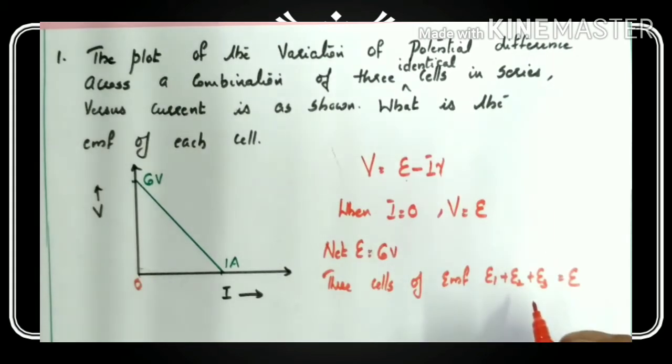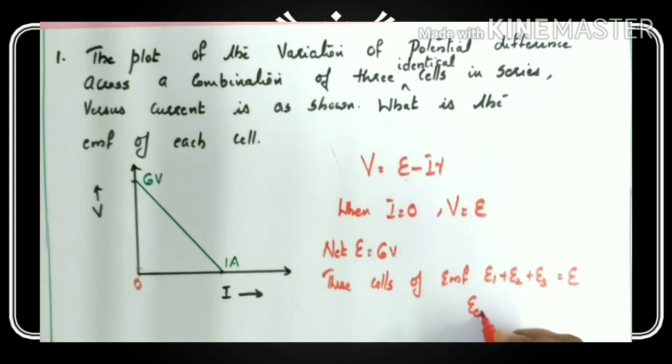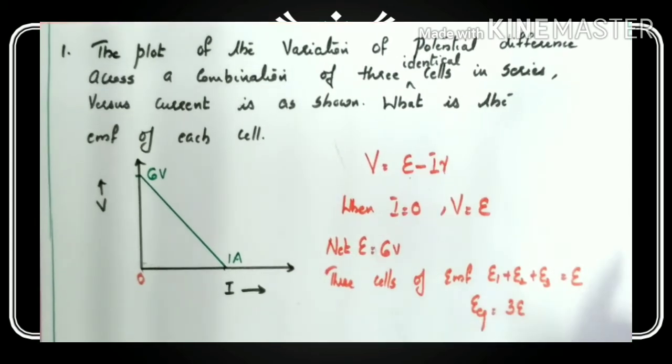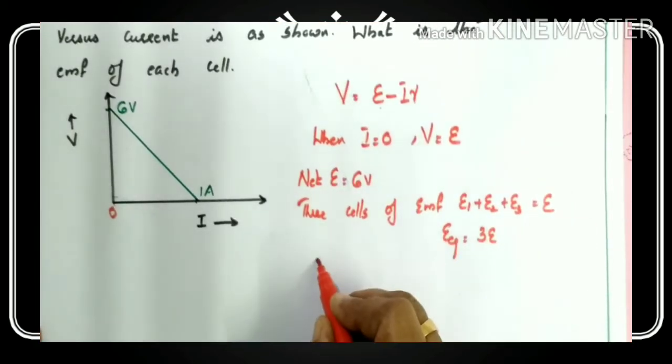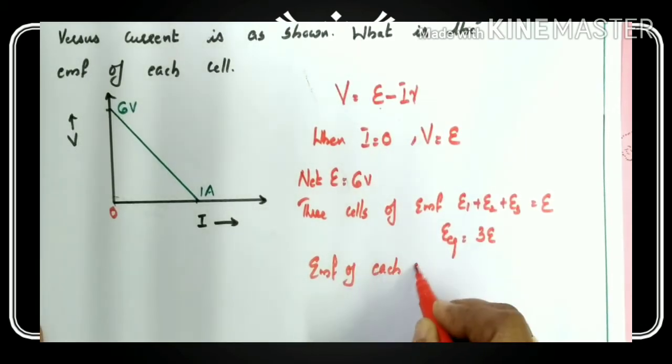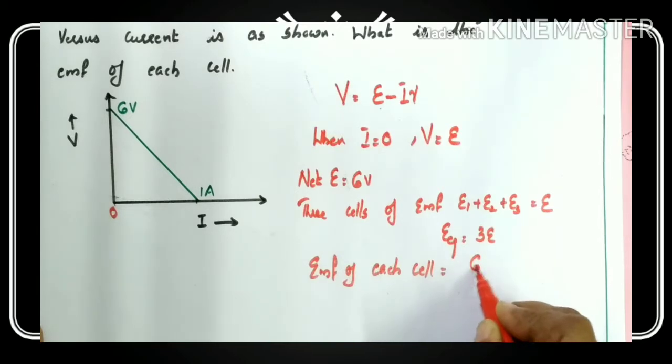Here identical cells are there, no? So equivalent EMF equals 3E. So the total net EMF is equal to 6 volt, which is equal to 3E. So what is the EMF of each cell? EMF of each cell is equal to 6 divided by 3.